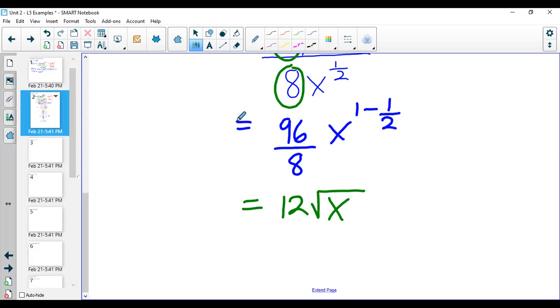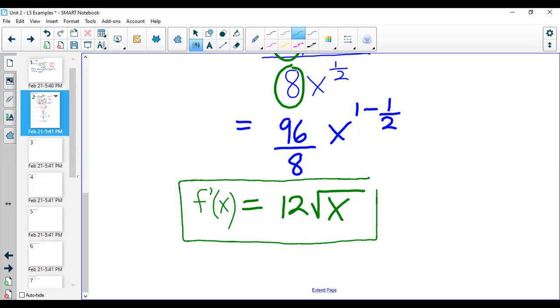And someone asked a good question the other day. It's always a good idea to write, even if you haven't been writing f prime of x for each line, for your final answer, you should have f prime of x is equal to 12 root x. So you see how I didn't necessarily have to show this step.